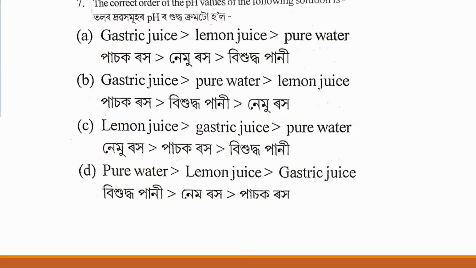The correct order of pH values of the following solutions is. You can see here that options are given A, B, C, and D, and it is given in descending order: gastric juice greater than lemon juice greater than pure water, or gastric juice greater than pure water greater than lemon juice.